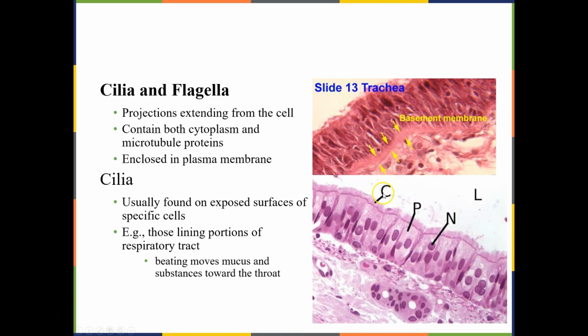And here's a prettier picture of the actual ciliated cells within the trachea. Here you can see the actual cilia, and this is really beautiful because you can see those individual cells within the tracheal tissue, with the nuclei and everything. So I love this picture. I do, I'm not going to lie.